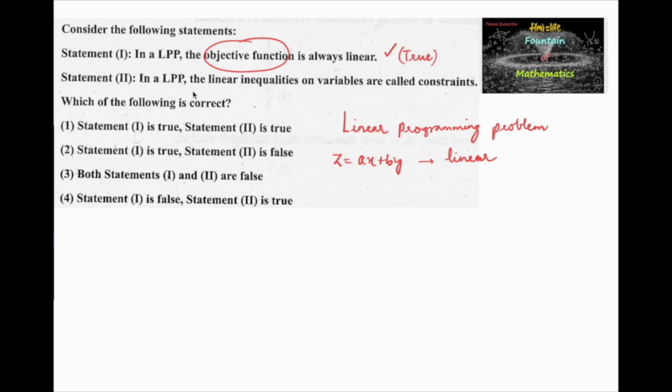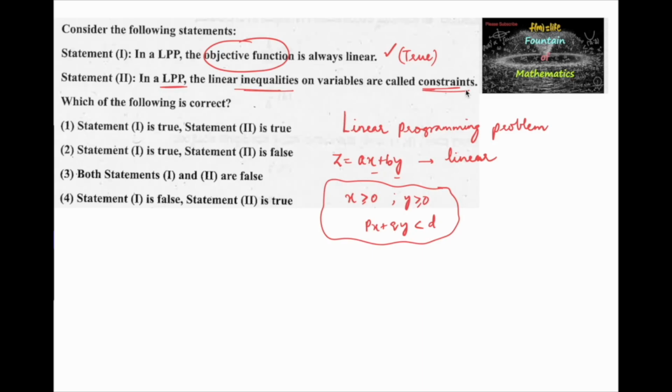And in a linear programming problem, LPP, the linear inequalities on variables are called the constraints. So here the variables are x and y. So the constraints are like x is greater than or equal to 0, y is greater than or equal to 0, and some inequalities like px plus qy is less than some constant d, and all these are constraints.